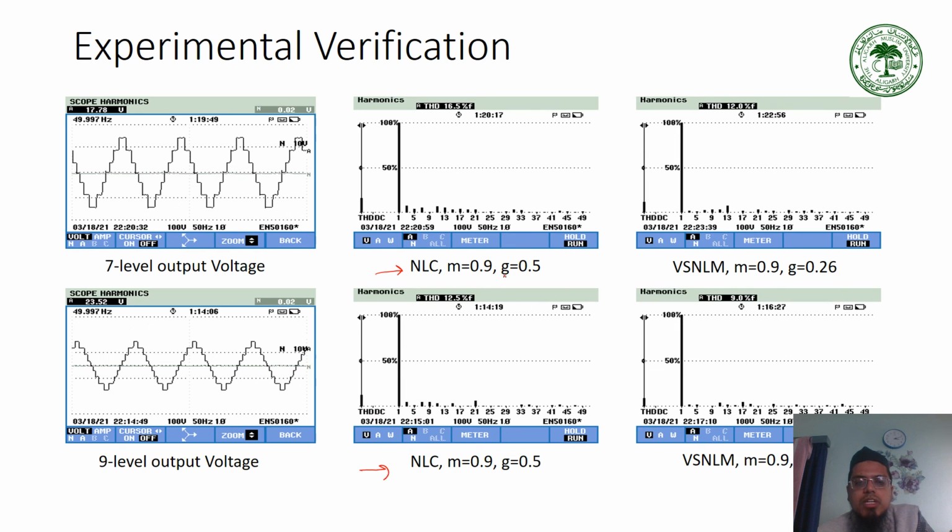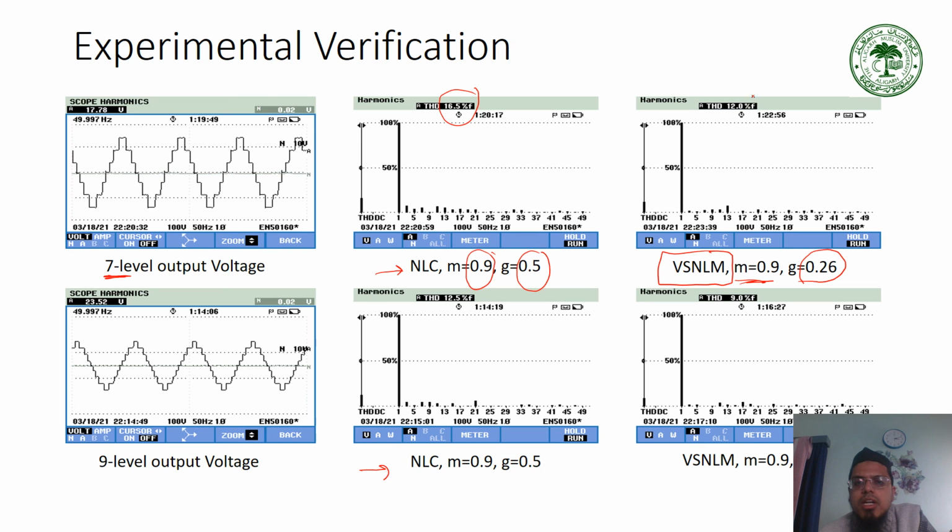So you could see here that for NLC, and this is for 7 level, at M 0.5 and G 0.5, the THD is 16.5%, while at 0.9 the same values, but G is different. For the same modulation index, I have used VSNLM.